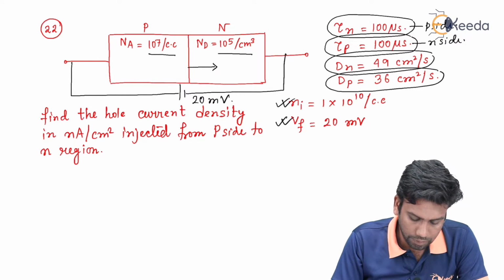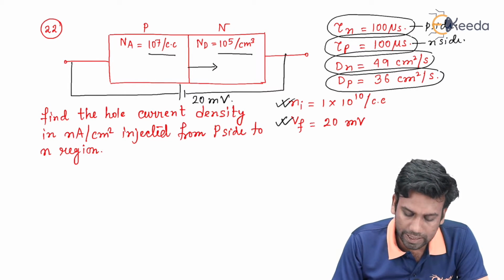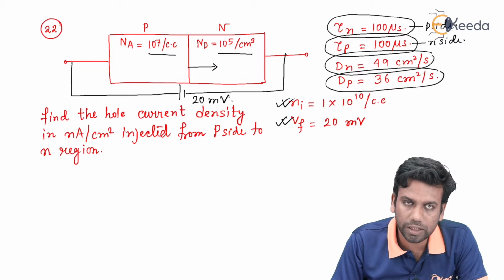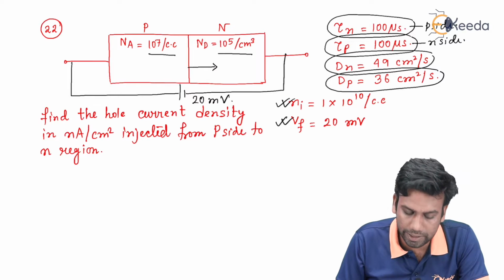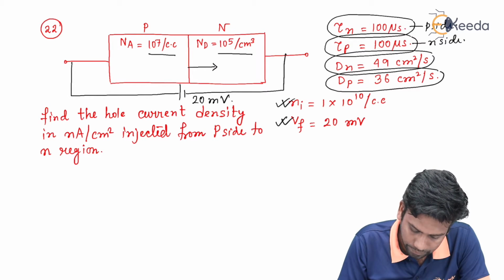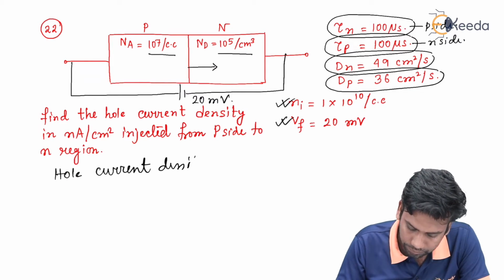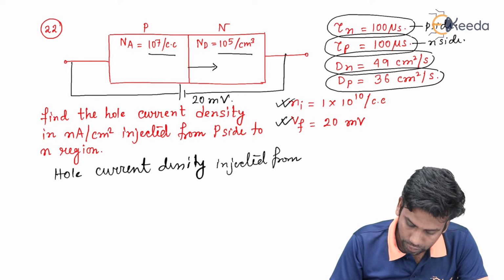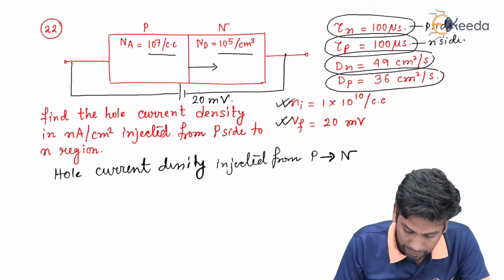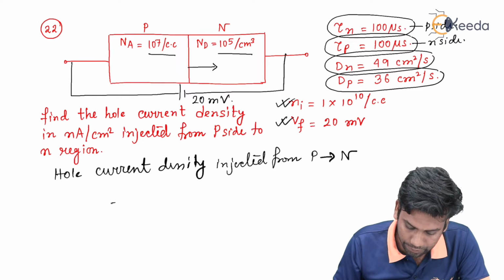Now, we know that this current density is nothing but the diffusion current density. So, we can write the hole current density injected from the p side to the n side is given by the diffusion current equation.